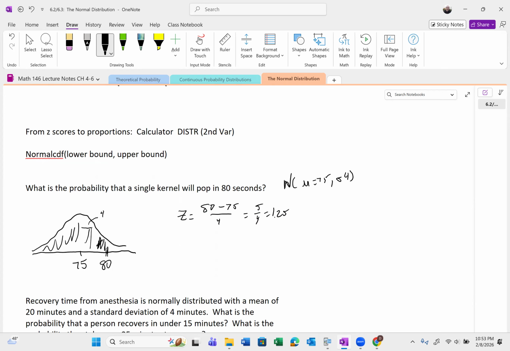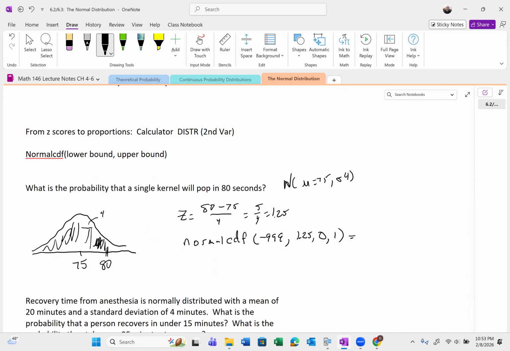And then to find this area, I want to convert it on the standard normal distribution, normal CDF from negative infinity up to this 1.25. Again, I'm working with a mean of 0 and a standard deviation of 1 in there.